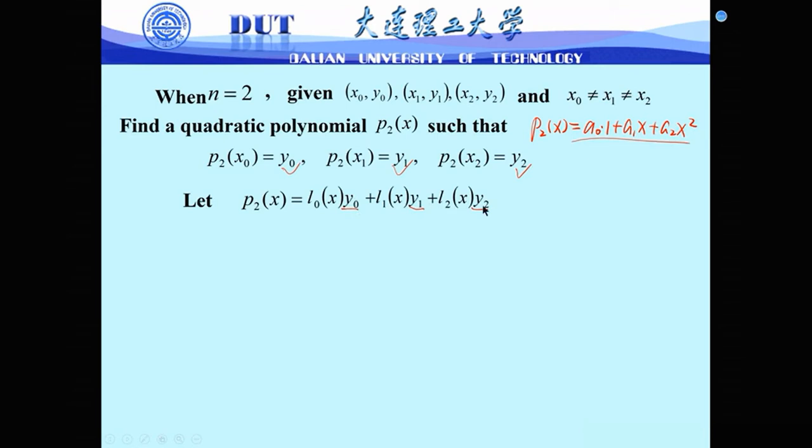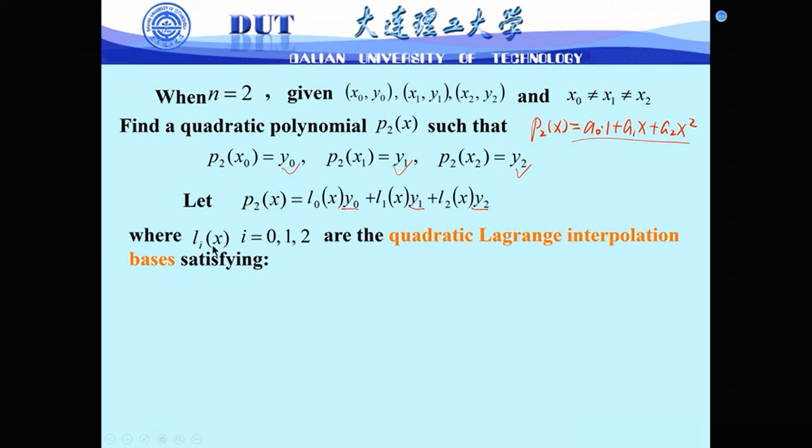So for each function value, we multiply a function denoted by L0(x), L1(x), and L2(x). So the question is how to determine these 3 functions. They are the quadratic Lagrange interpolation basis.